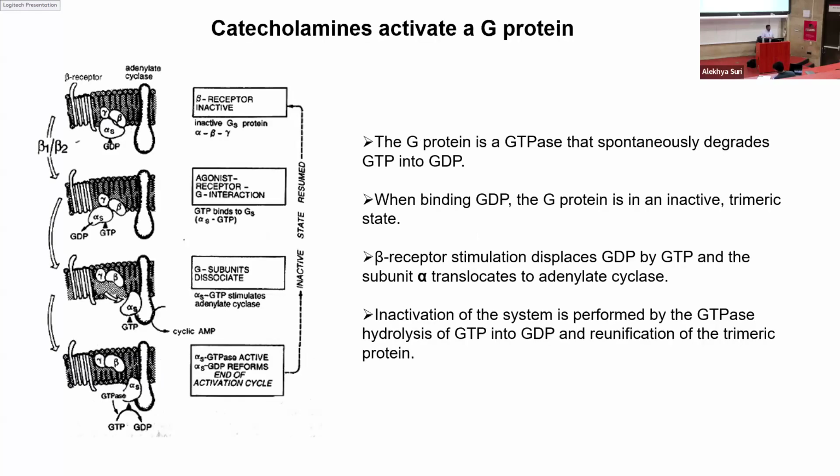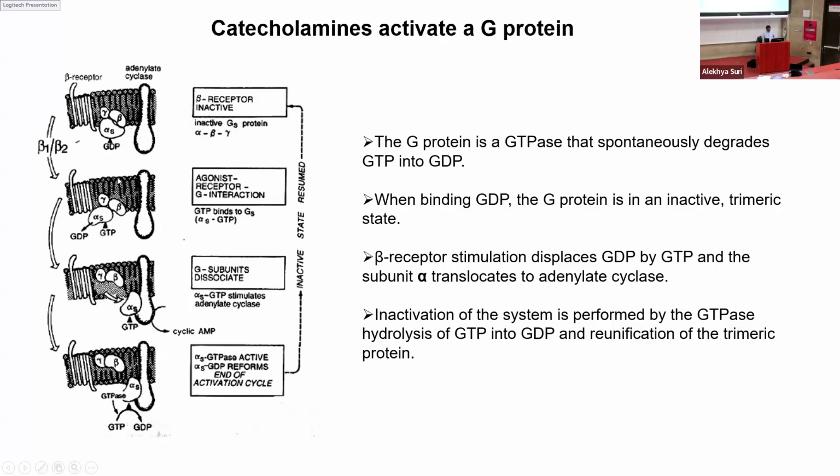So the catecholamine activates G protein coupled receptors. The beta receptors are G protein coupled receptors. And once the catecholamine level goes up due to exercise or during heart failure conditions, the catecholamine will bind to beta receptors, and the beta receptors will activate a specific set of G proteins.